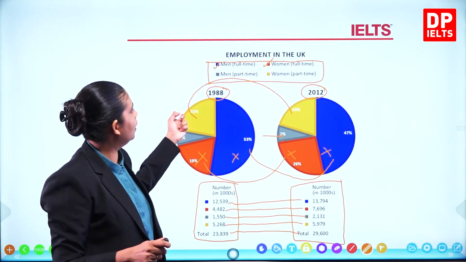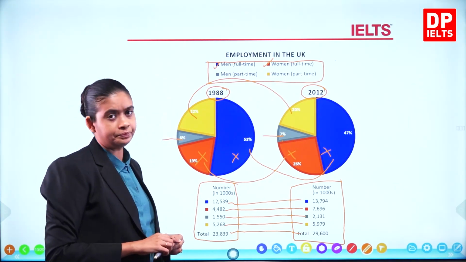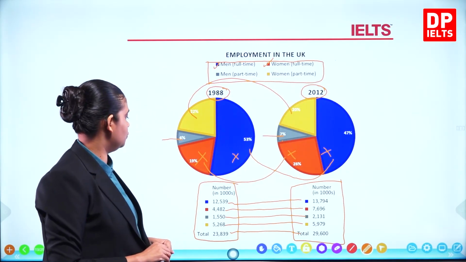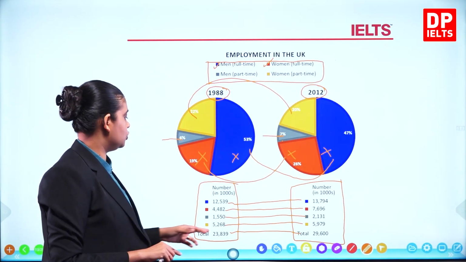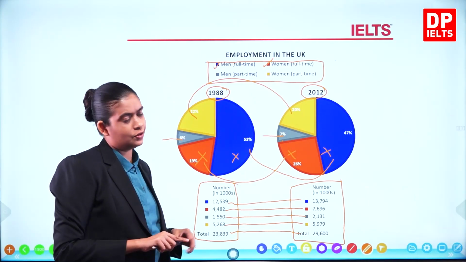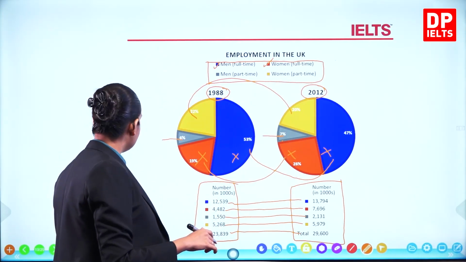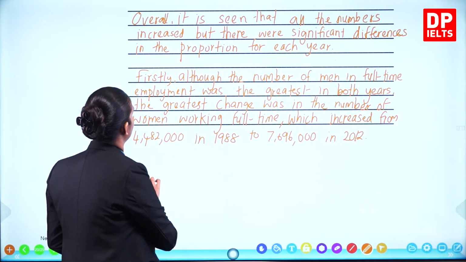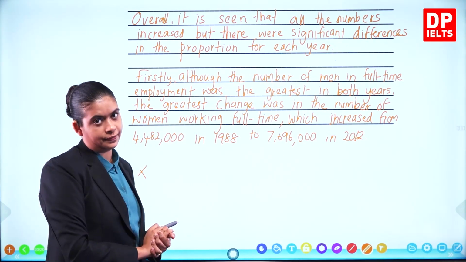And then women working part-time had dropped by 2%, which again shows a slight increase in terms of numbers. So that I would write in the next paragraph, and you could jot it down in the next paragraph. All right?